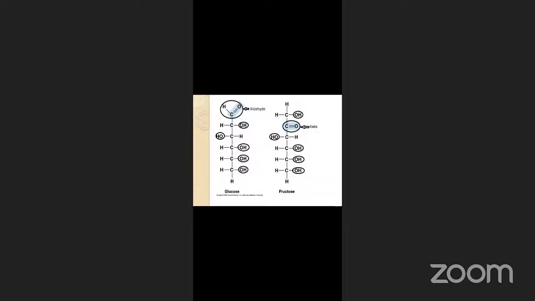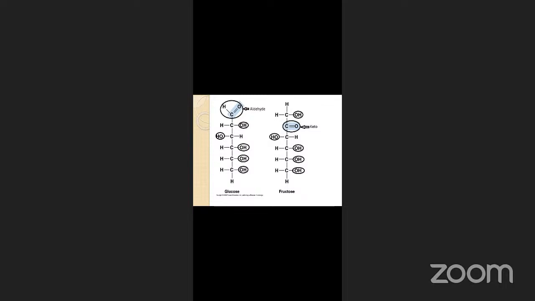So here you can observe that you have glucose and fructose. In glucose, you have an aldehyde group as a functional group. The first carbon, the topmost one, has the aldehyde group, CHO. Whereas the fructose molecule has a keto functional group, that is C double bond O, on the second carbon.